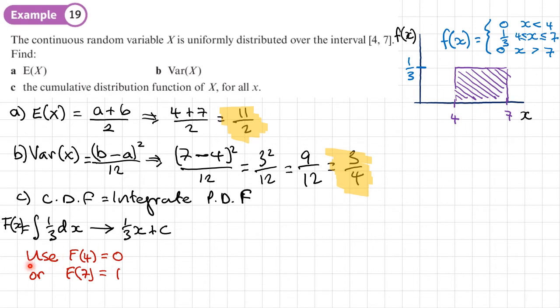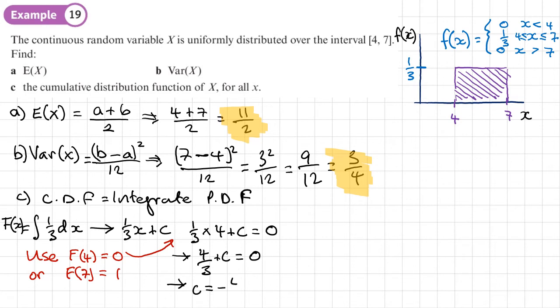I'm going to use the top one simply because the number is a little bit easier. So that will give me 1/3 times by 4 plus c equals 0. Oh sorry, that will be 4/3 plus c equals 0, and that will mean c equals negative 4/3.